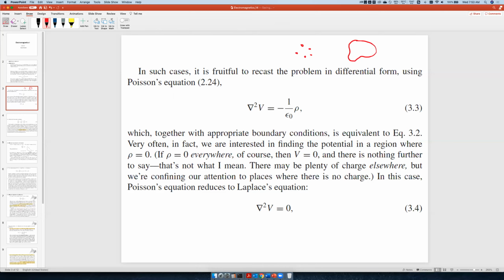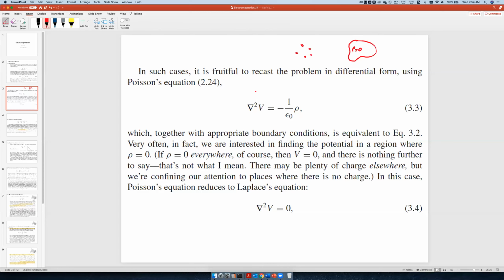Of course, those charges generate some potentials and electric field in this region. However, inside this area, there's no charge at all. So if you do a calculation in this region using this equation, the rho is 0 inside this region.